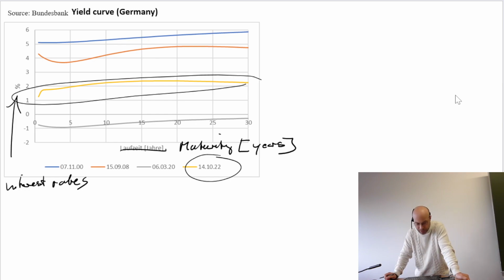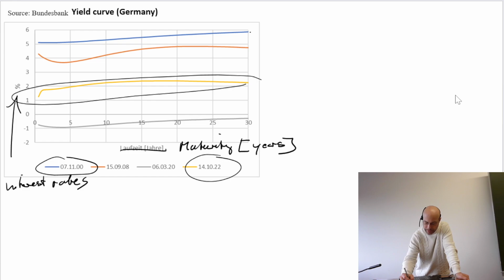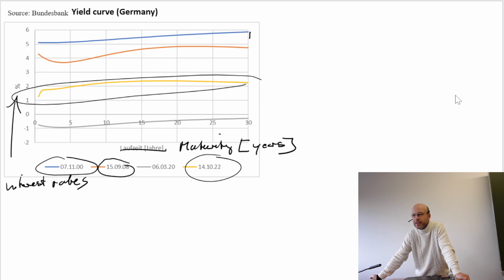So what I brought you here is November 2000. This is more or less a quite normal situation. Why we call longer term interest rates higher than short term interest rates normal, we will talk in a minute about it. And then I brought you also the yield curve of Germany on the 15th of September in 2008.